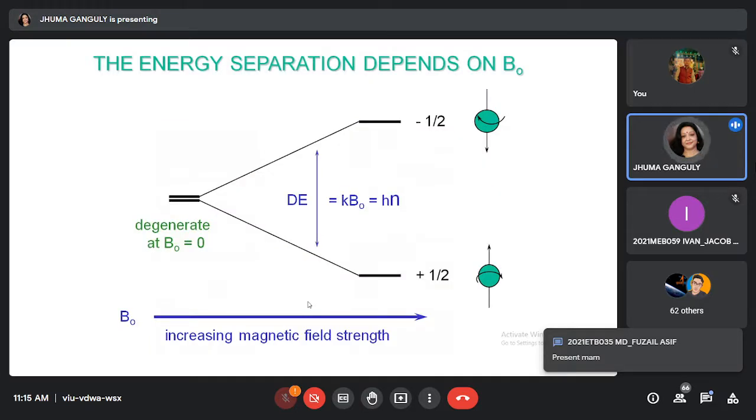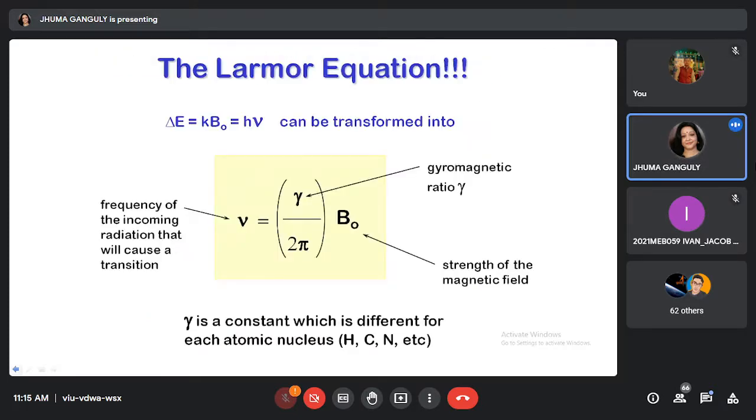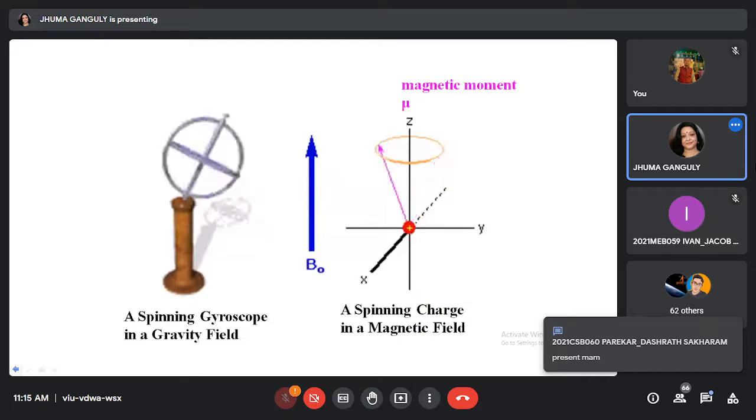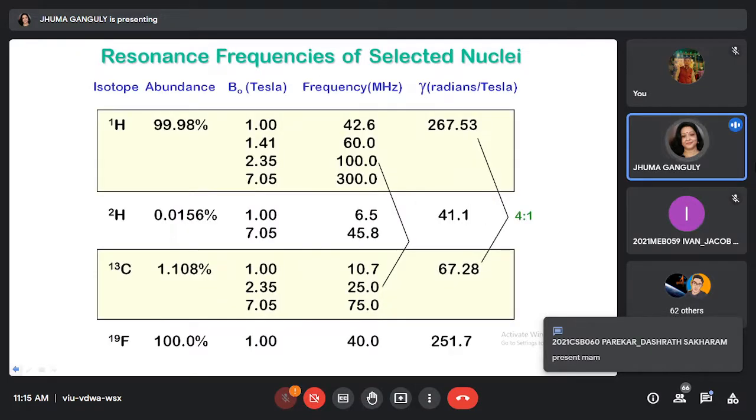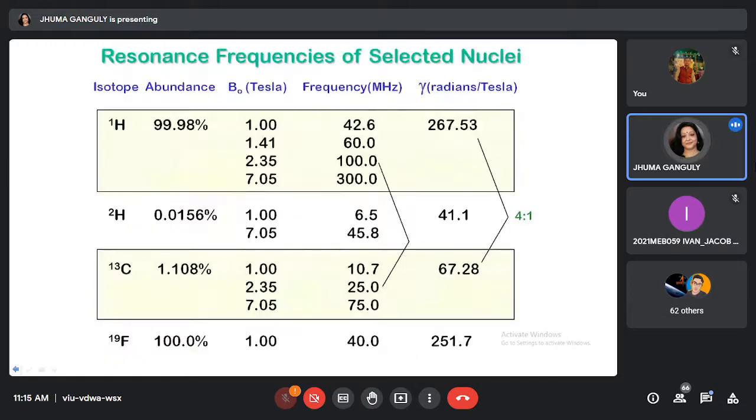Now, energy separation depends on B0. The states are degenerate at B0 equal to zero, and the separation increases with increasing magnetic field strength, but these are not so important now. This is for NMR; I will send this to you.